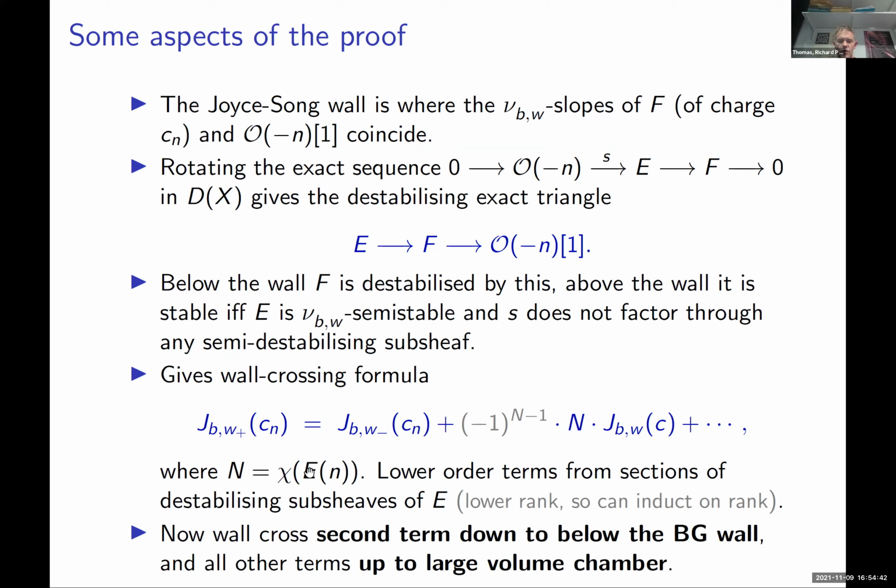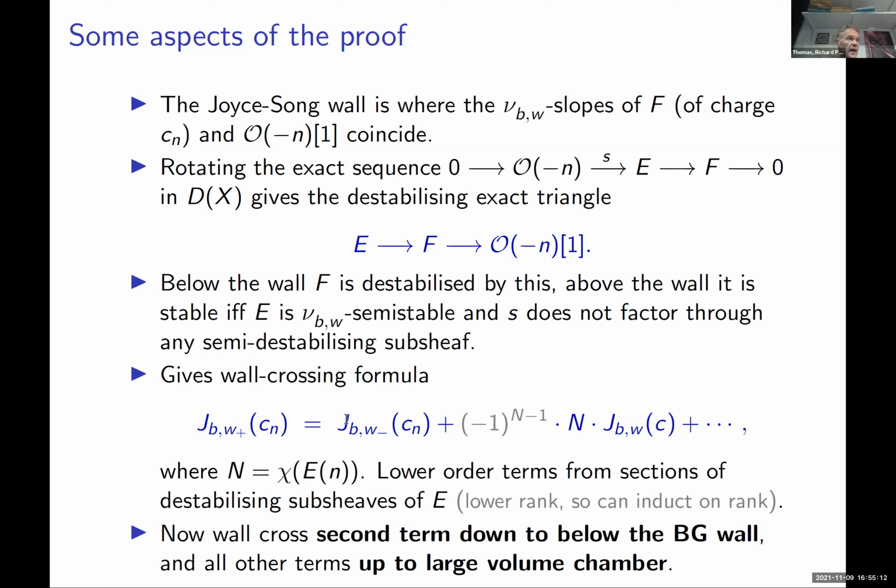And then from this formula that we get from crossing the red wall, what do we do? We take the terms above the red wall, like this one on the left here, and take them up to infinity to try and wall cross them until they just become counts of Gieseker semistable sheaves F. And we take the terms below the wall, like this one, down to below the BG line where they become 0.